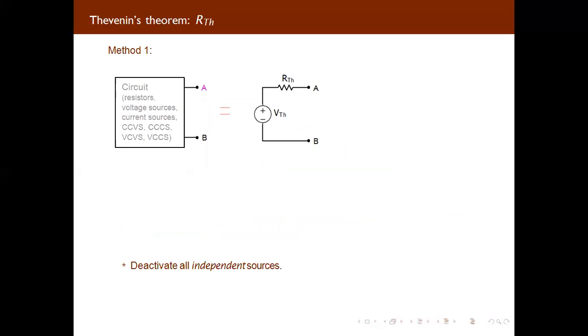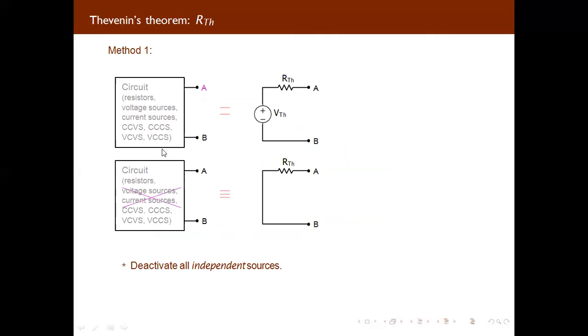So here, if we are having any complicated circuit, we can deactivate all independent sources, because here we are considering resistors, voltage sources and current sources which are dependent. We are converting that into a simplified circuit. So we cannot convert that circuit into only a Thevenin equivalent resistance.